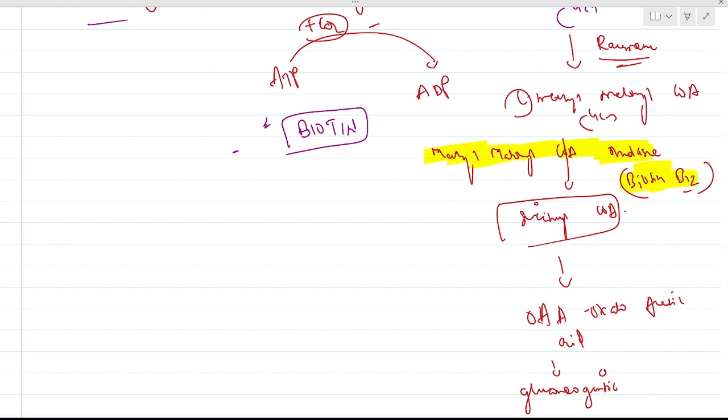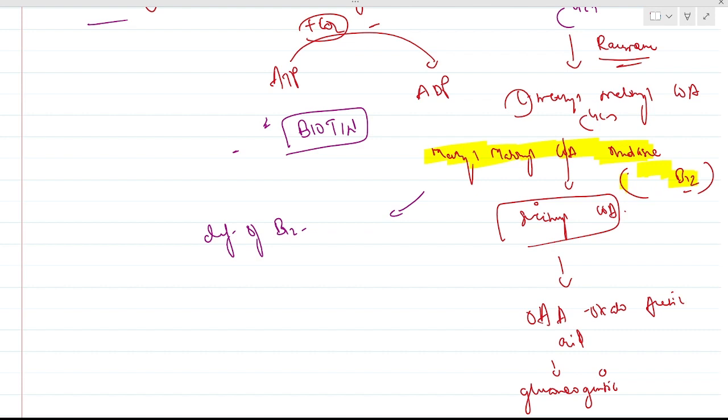Okay, so here, deficiency of B12, biotin. Okay, B12 is not biotin, forgive me. B12 is cobalamin. Only B12 is required.